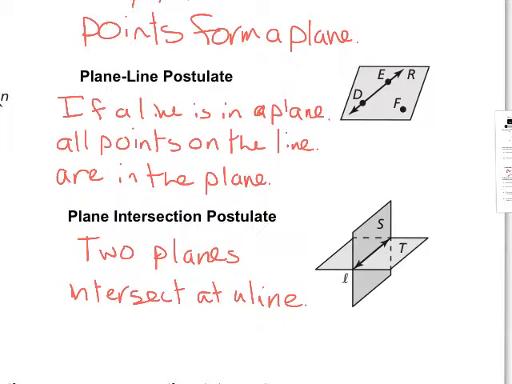So a line either intersects a plane and only touches it at one point, or if it lies in the plane, then all the points on that line are also in the plane. Okay?